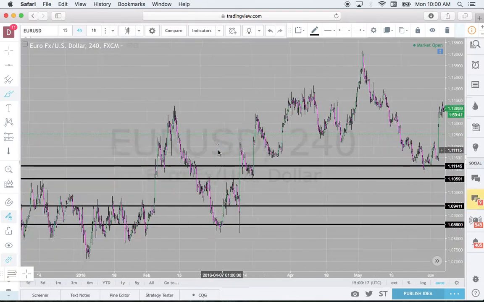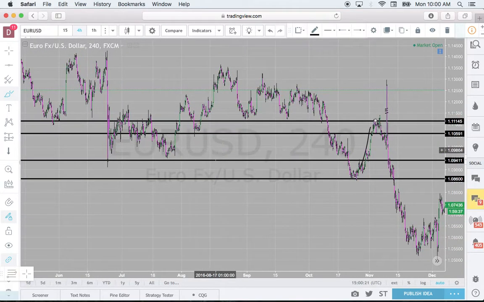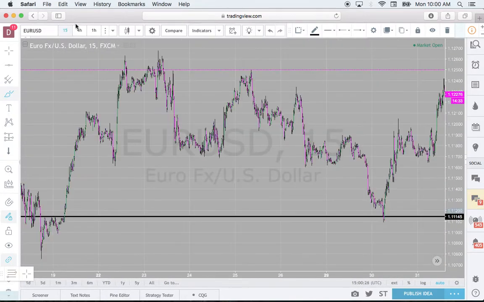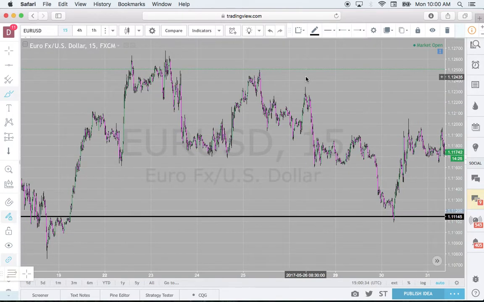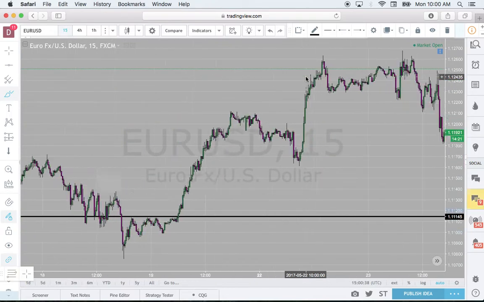So, let's try and find a wedge and how we would trade a wedge breakout, and how many retail traders trade wedge breakouts. Okay.